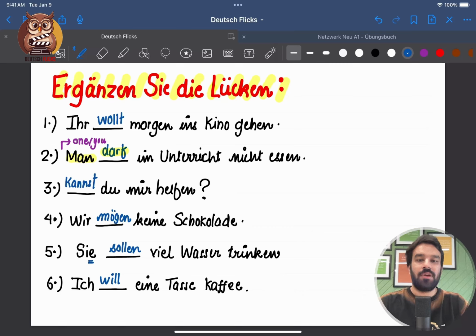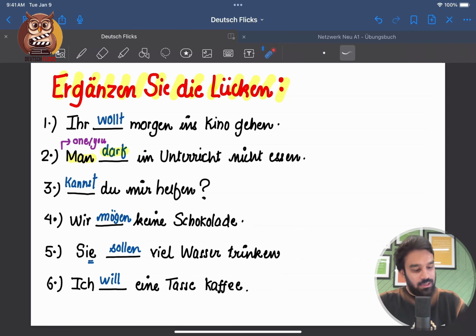Now see, whenever we try to solve any exercise related to Modalverben, there's high possibility that one question has multiple answers. For example, here, if you've allocated wollen, that is also fine with me, because now you're saying we do not want chocolate.